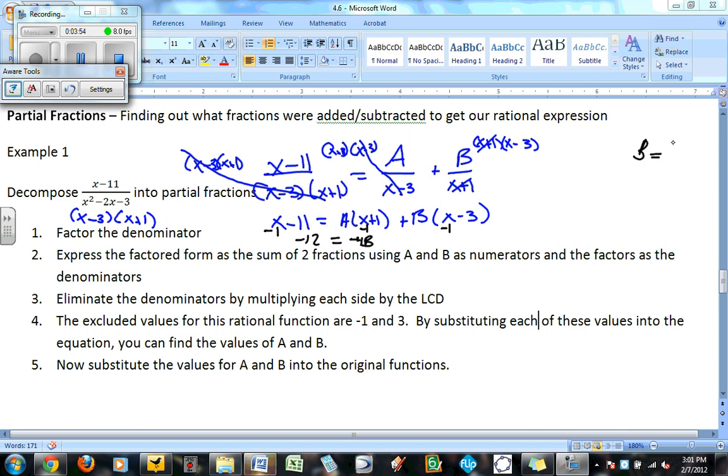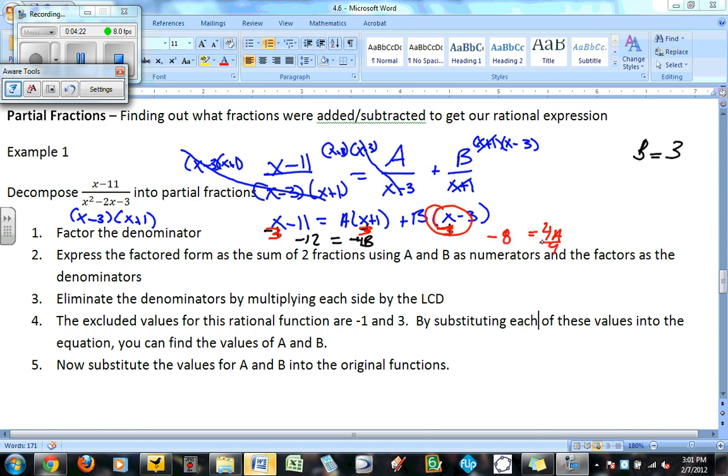In the same way, solve for A by putting in positive 3 anywhere you see x. That's going to eliminate this term because it becomes 0. If I plug a 3 in here, I get 4A on this side, equals 3 minus 11, which is negative 8.